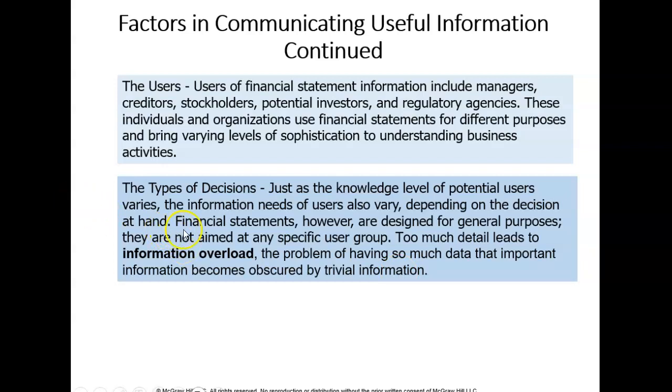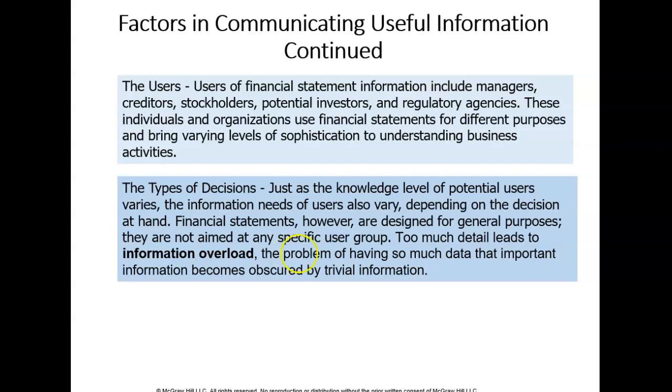So here we have what's called financial statements. These are reports prepared on a periodic basis that provide information about a business. Now, sometimes if there's too much detail, there can be what we call an information overload. I can't understand all of this information.